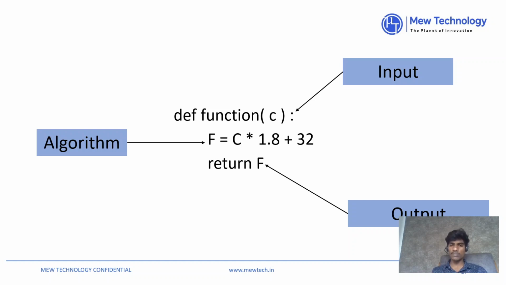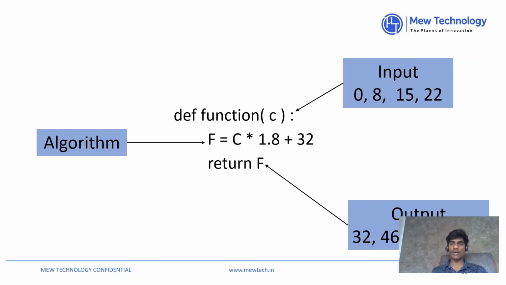This is the algorithm. What is the output? F. I just pass the inputs, I give 0, 8, 15, 22, everything. What happens? The 0 goes through the equation. The equation gives outputs like this: 32, 46.4, 59, 71.6.